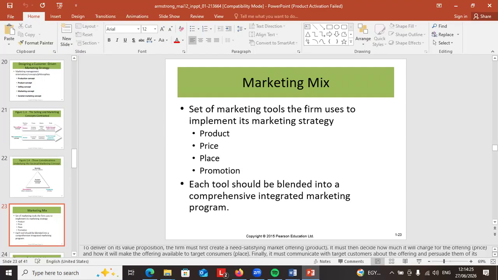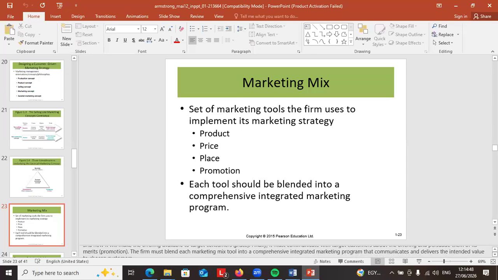It must then decide on how much it will charge for the offering, referred to as price, and how it will make the offering available to target consumers, referred to as place.